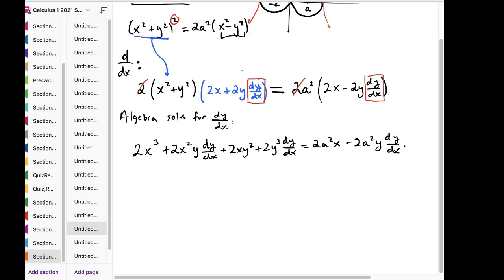So now we go back to last year. Just move all the dy dx's to one side and the not dy dx's to the other. So here are the not dy dx's, and here are the dy dx's.